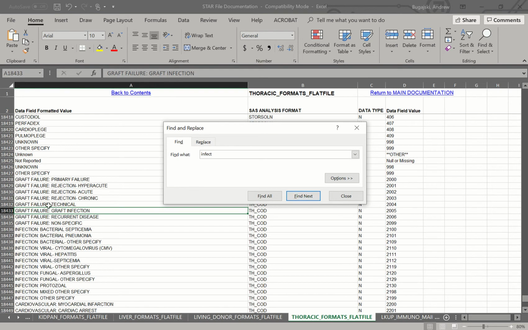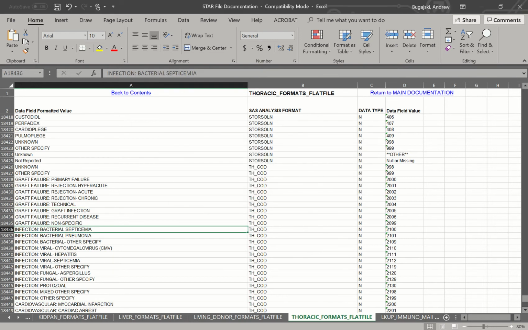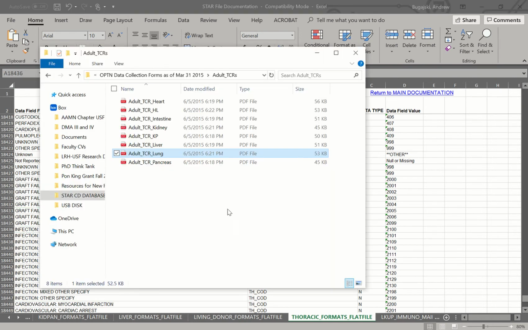Infection. Here we go. Alright. That's not what we need though. Those are all the different types of infections you can have. Alright, and it's not here either. So, you guys get the point. This is an exercise of showing the point.